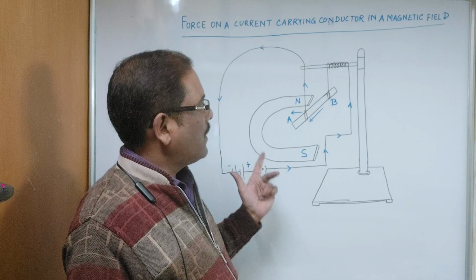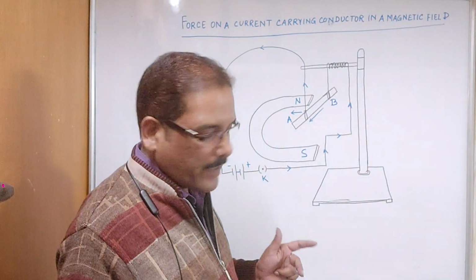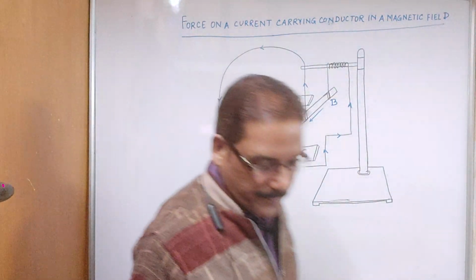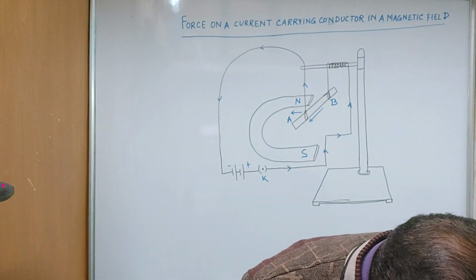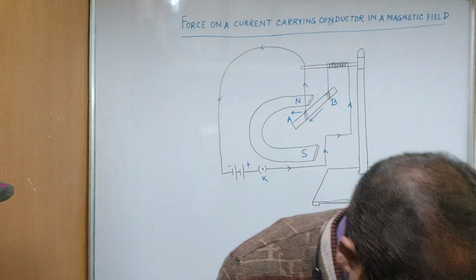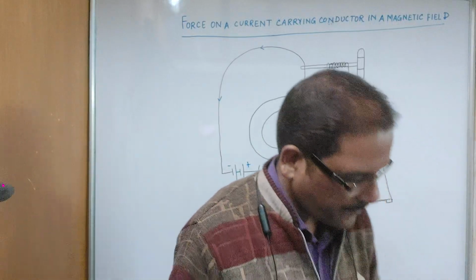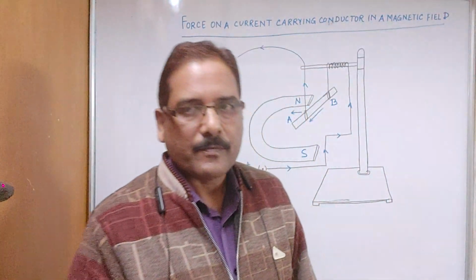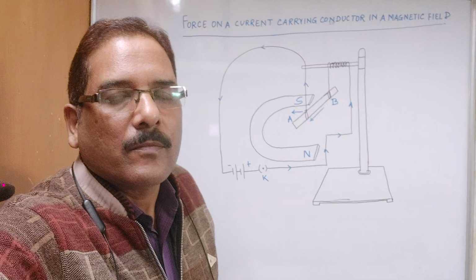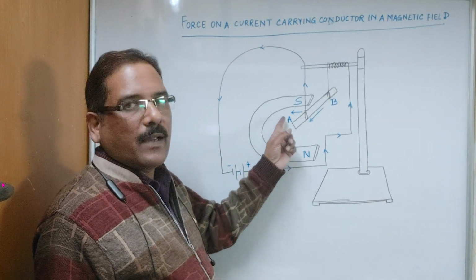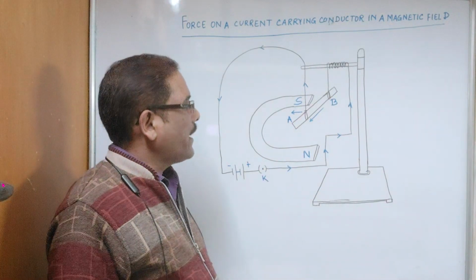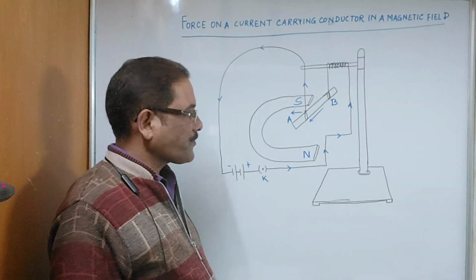That's why the rod is deflected towards the left. So the blue arrow towards the left shows the direction of force.